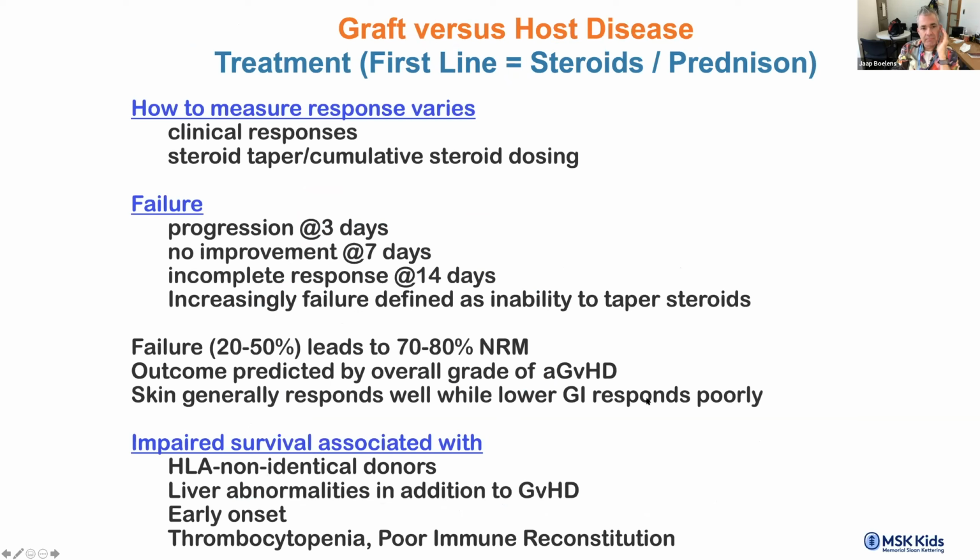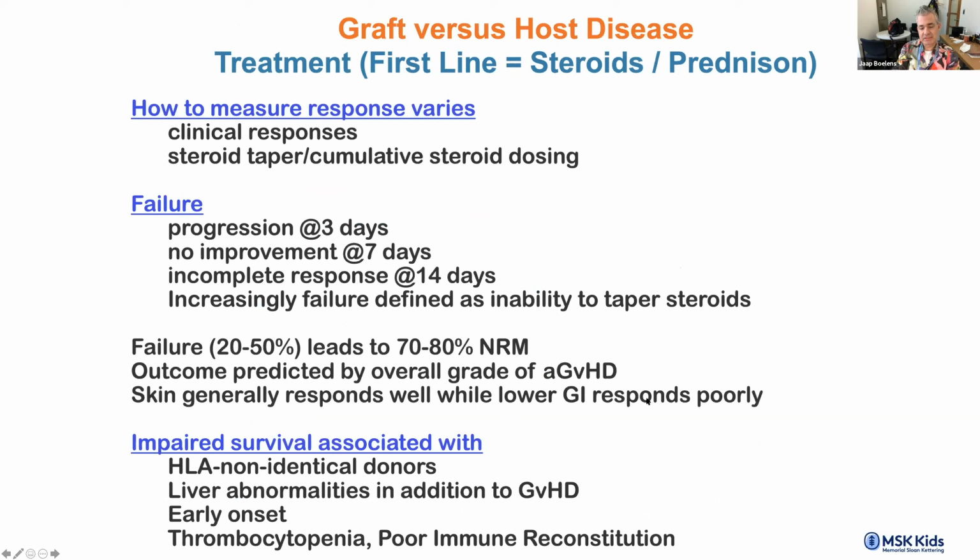So the first line treatment I already mentioned is steroids, is prednisone. And the response to steroid therapy is crucial. If you fail to respond within 3 days, your outcomes are worse. If you have no improvement after 7 days, so that's under the section failure, your outcomes are also poor.